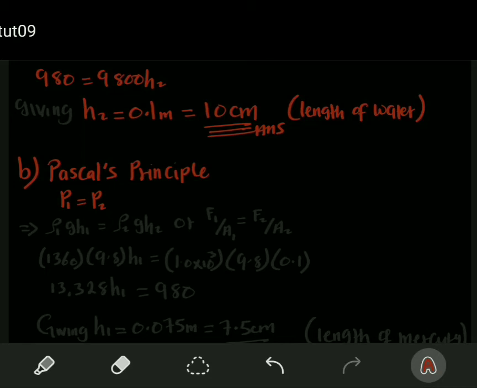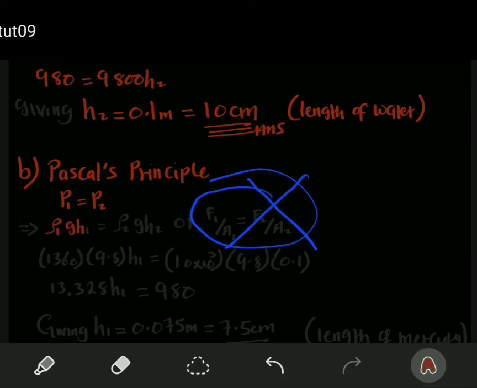If we wanted, we would have used this expression right here, but this one will not help us find the height for the first column, so we cannot go that way. Therefore, let us equate the two pressures in terms of the density, the height, and also the gravity.